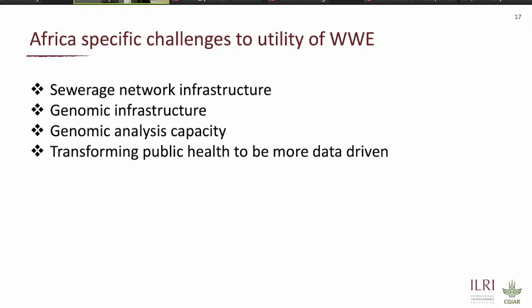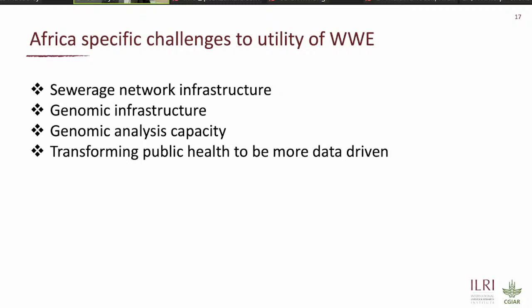So this would be a challenge. And then, because of the nature of the wastewater samples and the analysis, there is significant genomic infrastructure involved. I know that through Africa CDC, a lot of effort is going into improving the genomic infrastructure in Africa. So this, I would say, is a temporary challenge, which may be overcome in the future.